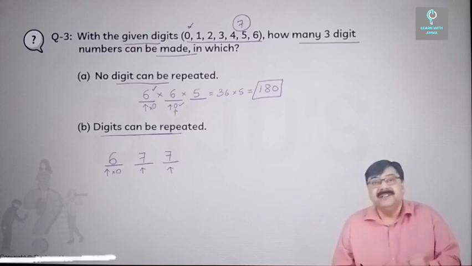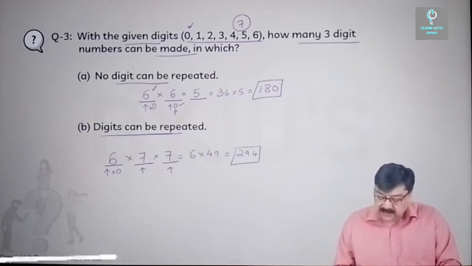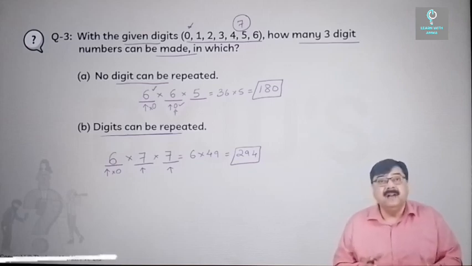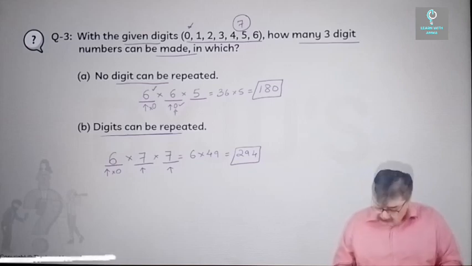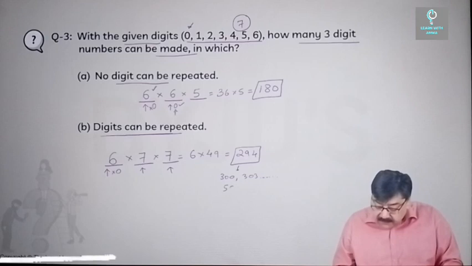That is not a 3-digit number. So 6 into 7 into 7, that is 6 into 49, that is 294. So there are 294 numbers that can be made from the digits 0 to 6, wherein a digit can be repeated. Here we can have 300, we can also have 303, and likewise. You can also have 555, you can also have 113 or 131, likewise.